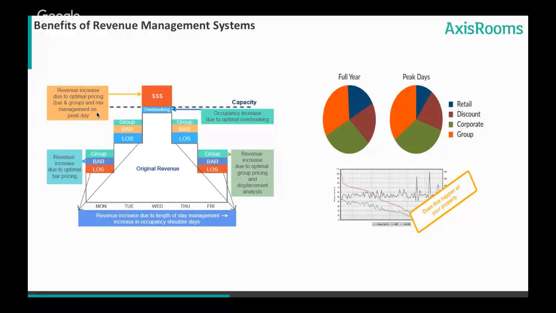Where possible, you are not missing out on any high impact opportunity days. Now, length of stay controls also help you drive revenue and room nights over those quieter days, and on all days, no matter the current forecasted occupancy, a revenue management system can help you to set the correct and most optimal BAR, as well as group pricing decisions.